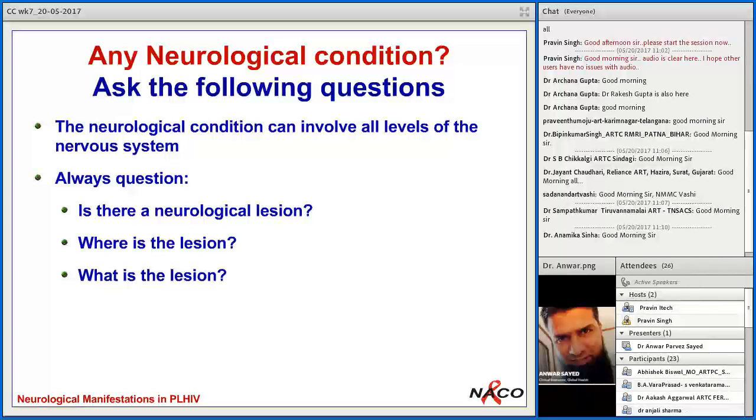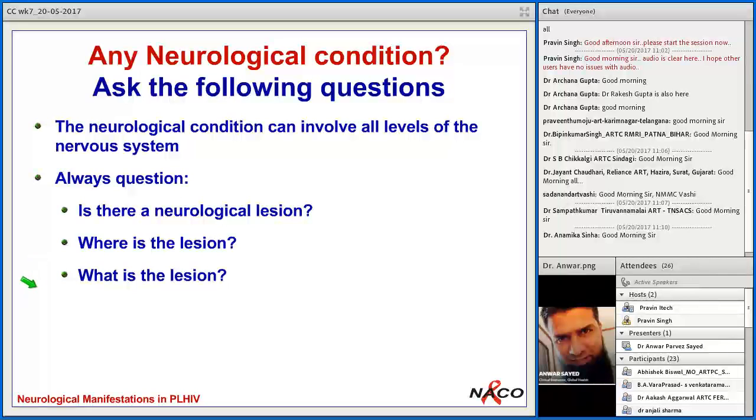So whenever you see or suspect any neurological involvement, you should ask yourself these three questions. First, is there a neurological lesion in any part of the nervous system? Then if it is there, where is the lesion? And if you can figure that out, then what is the lesion?